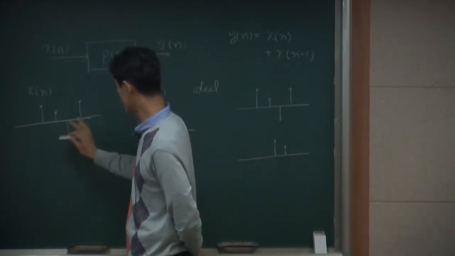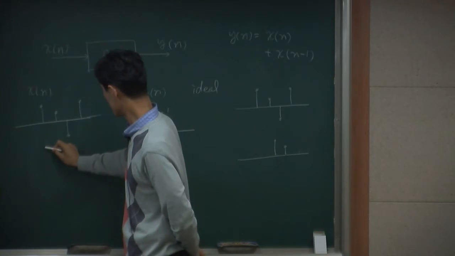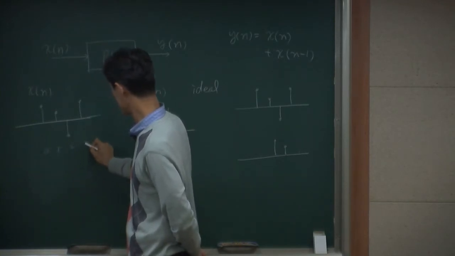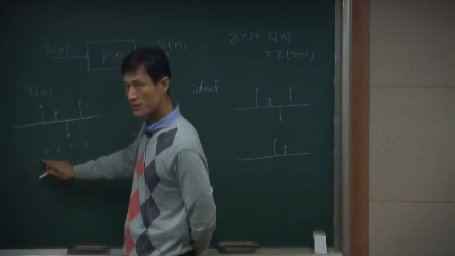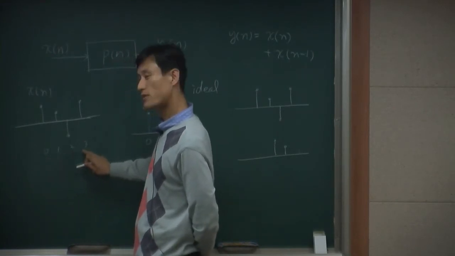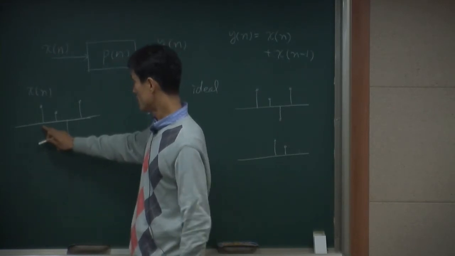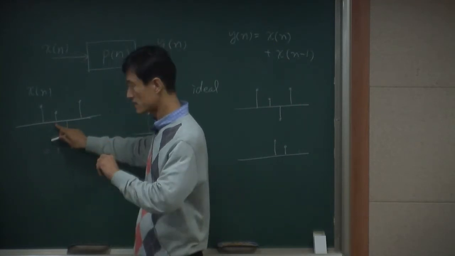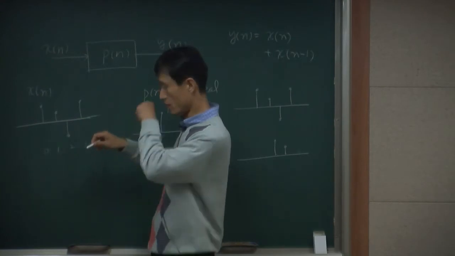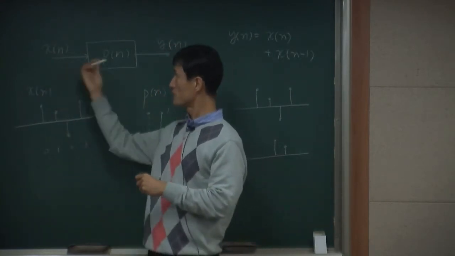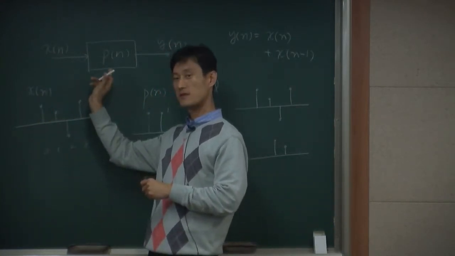Actually, it depends on which one you see first. Let's make it as 0, 1, 2, 3. So this is time 0 or sample 0, sample 1, sample 2, sample 3. This is the first sample, next sample, next sample, next sample. In that case, when this sample goes in, this one goes in first.